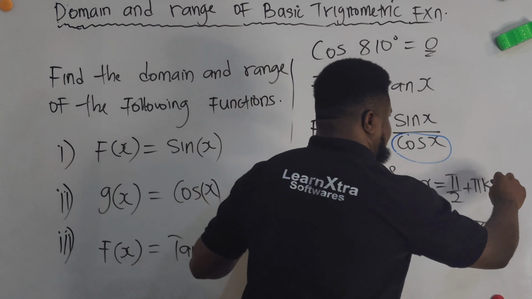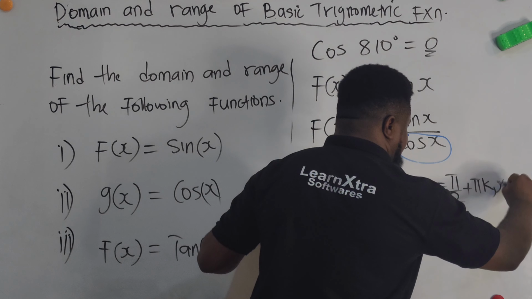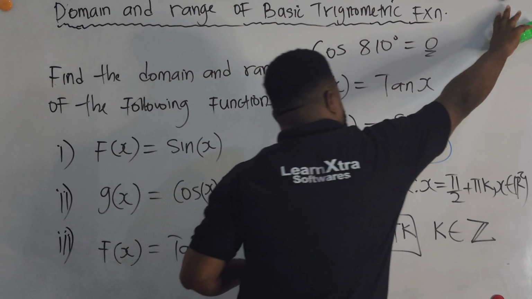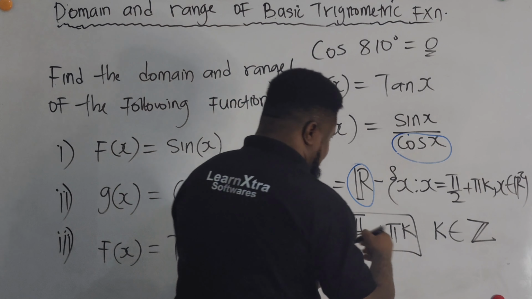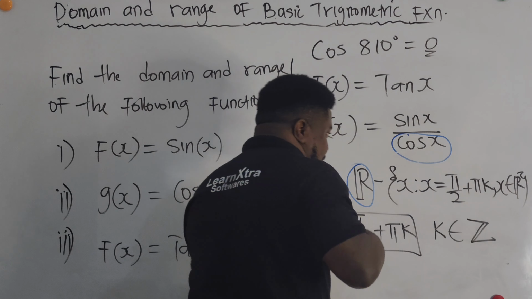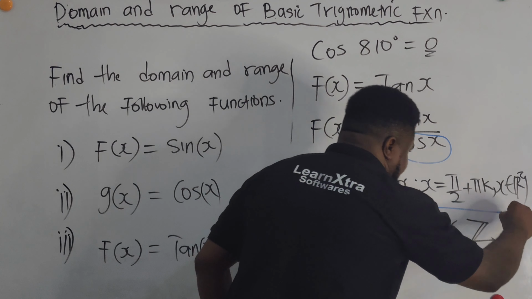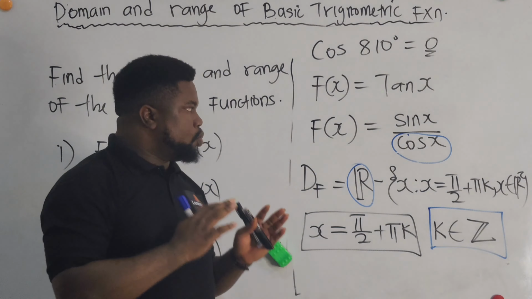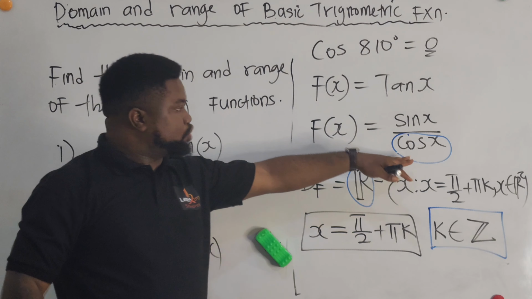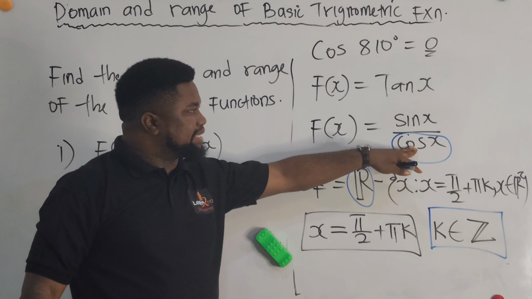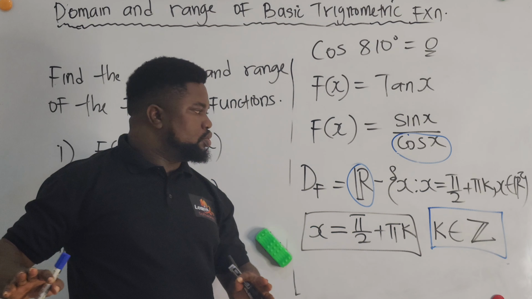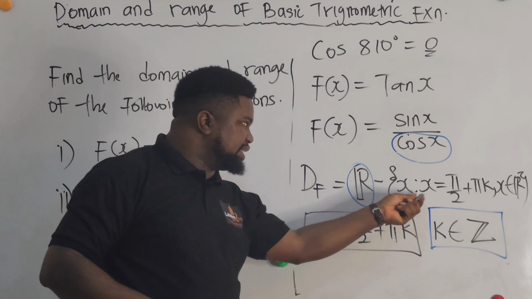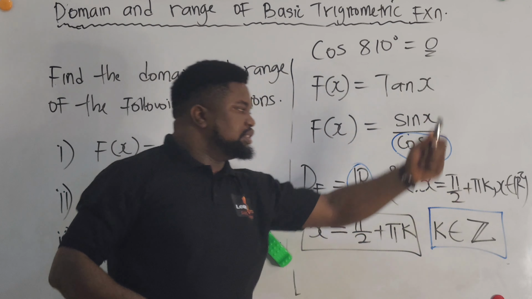Remember, x is an element of real numbers. And k, please note, k is a member of integers. That is my domain. What will work are those numbers that will not make cos x 0. Everything in here will work except the points where x is equal to this.